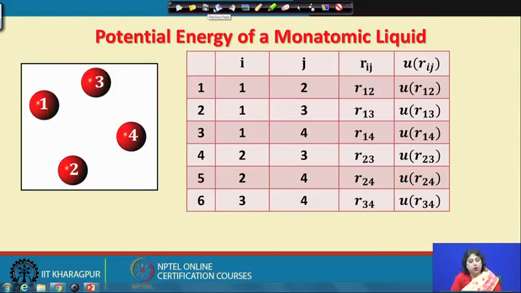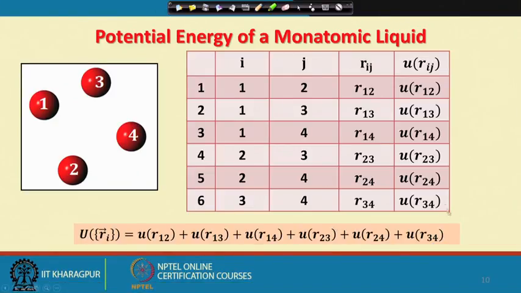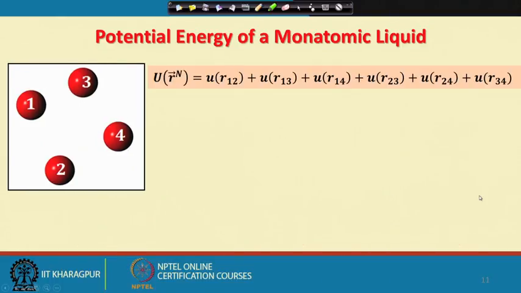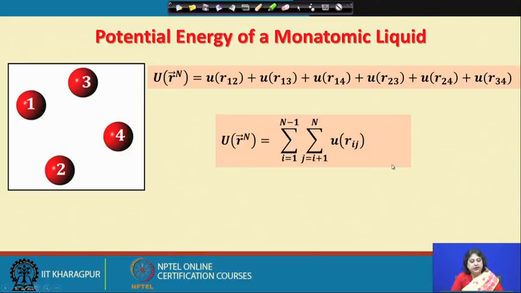I can repeat this for all 6 possible pairs, and then write down the total potential energy as a sum of these 6 pair interactions. When I write this kind of expression, I can use a condensed notation: I sum over all U of r_ij, with i going from 1 to N minus 1 and j going from i plus 1 to N.